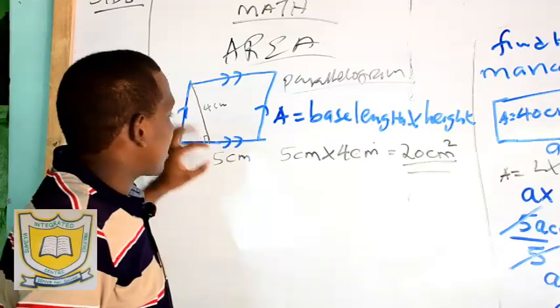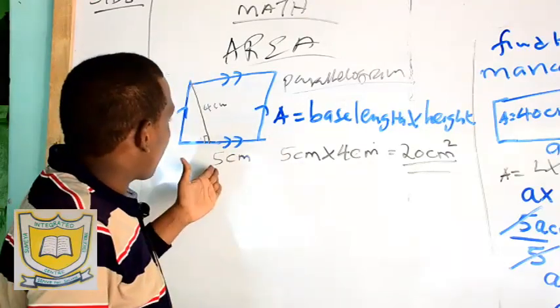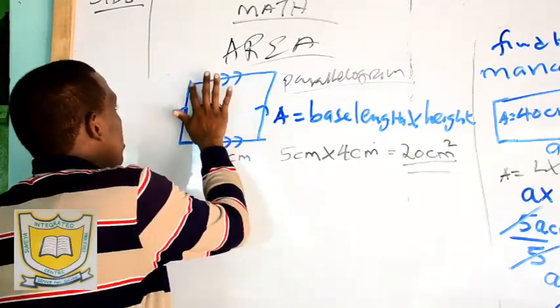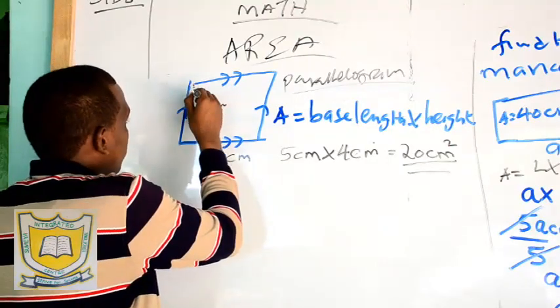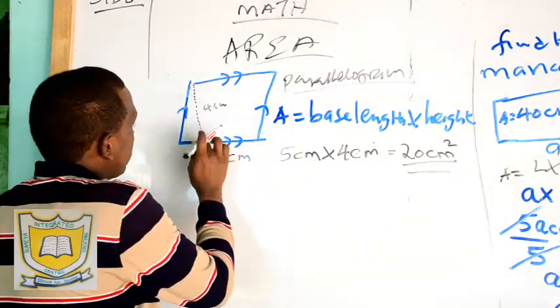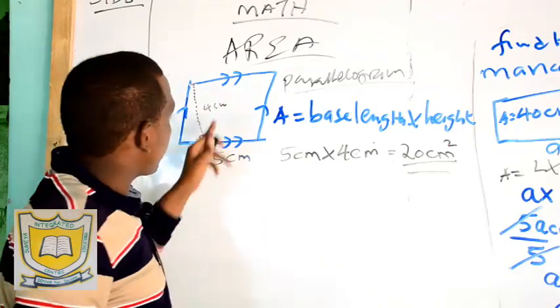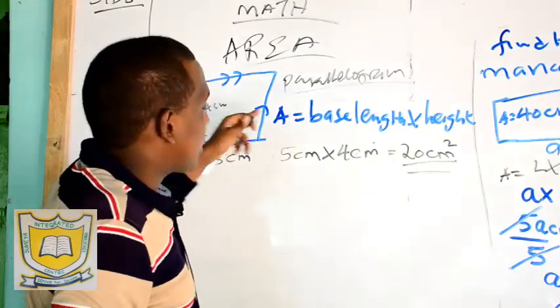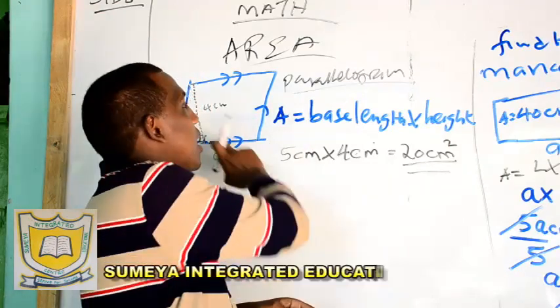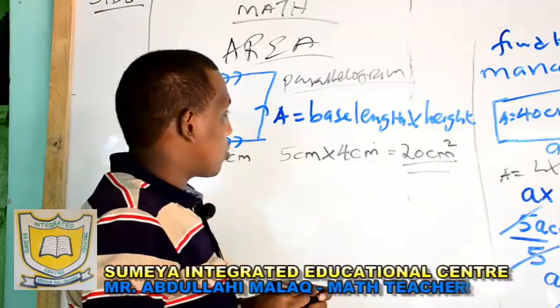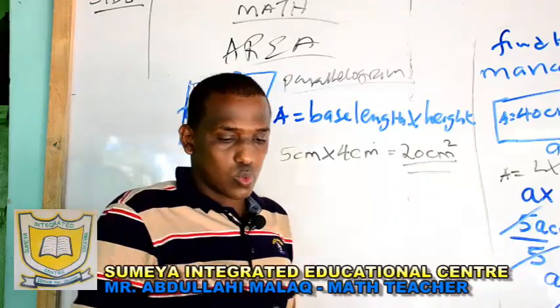Base length is 5 times the perpendicular height. Remember, the perpendicular height is this one. So base length times height, which is 5 centimeter times 4, you will get 20 centimeter squared.